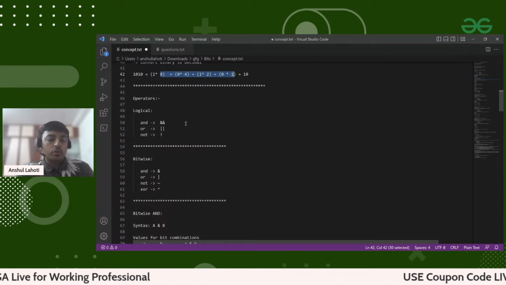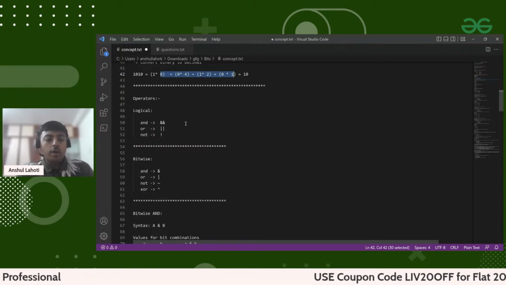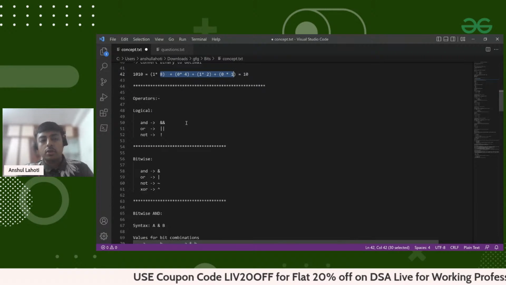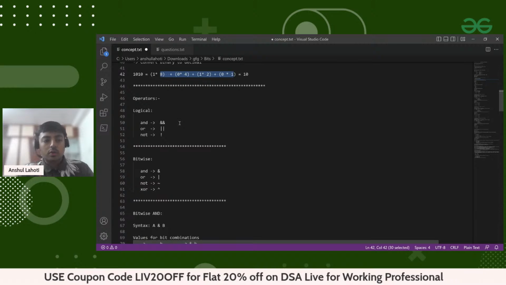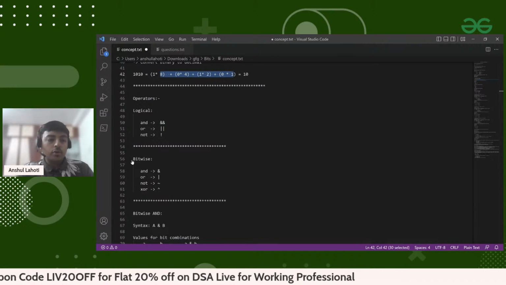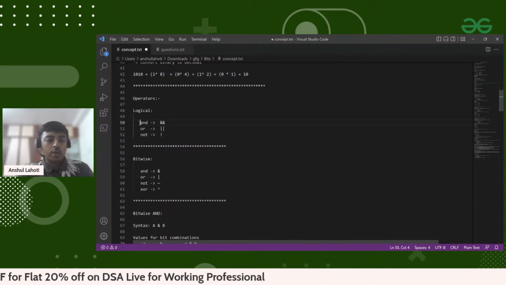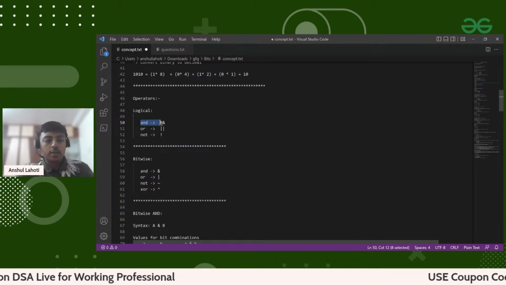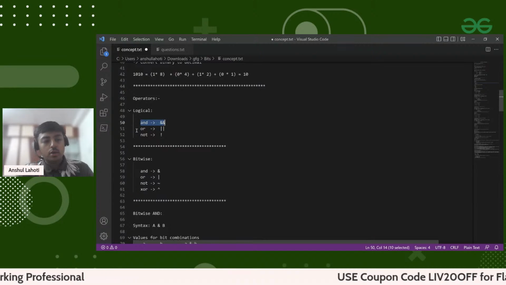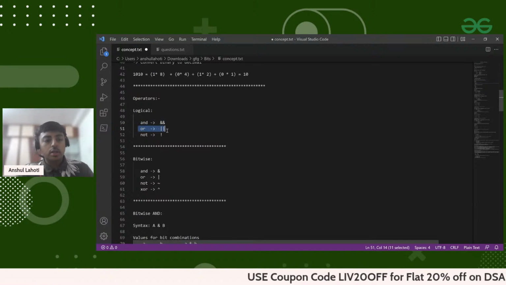There are many types of operators we can say. First is logical operators, which look like this. Logical and is this, logical or is this, and logical not is this.